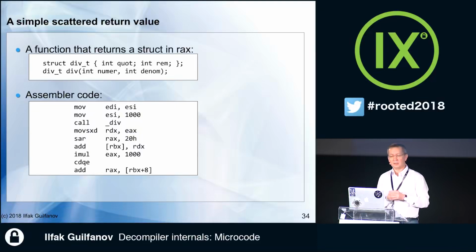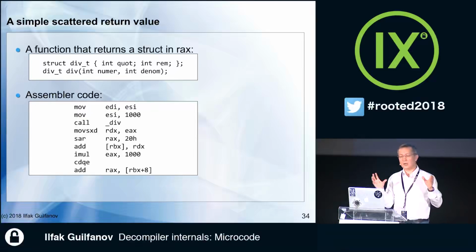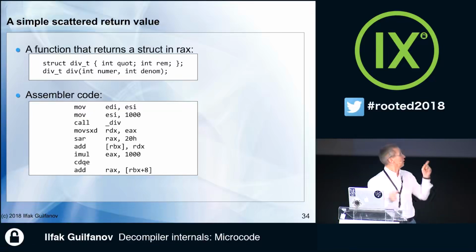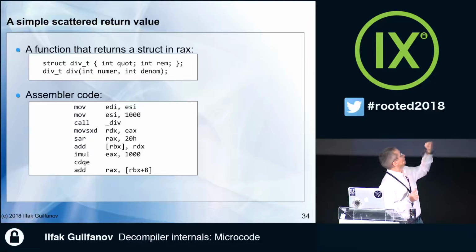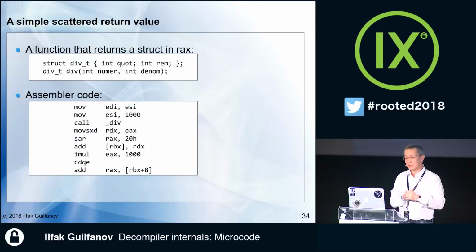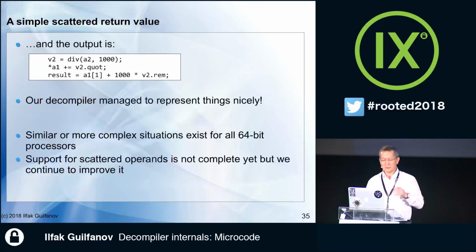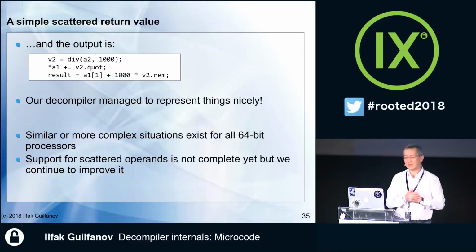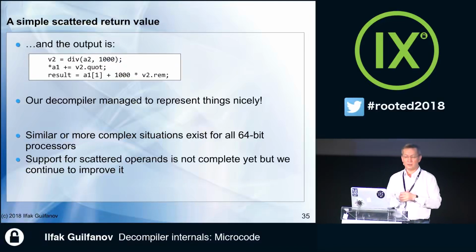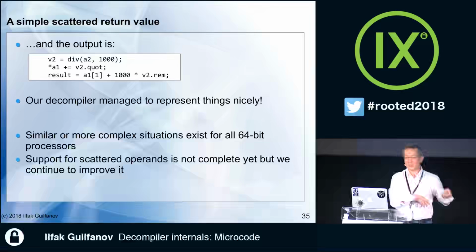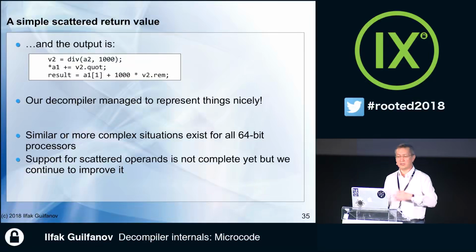You see that the entire structure is returned in the RAX register. In the assembler, you see that we take the low part and the high part of the RAX register and do something with them. Since we support scattered operands, the decompiler can represent it like this. You see that we take the quotient, we add it to the location pointed to by A1, and then we take the remainder as well.